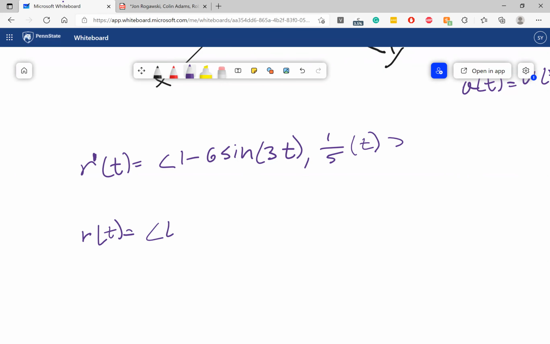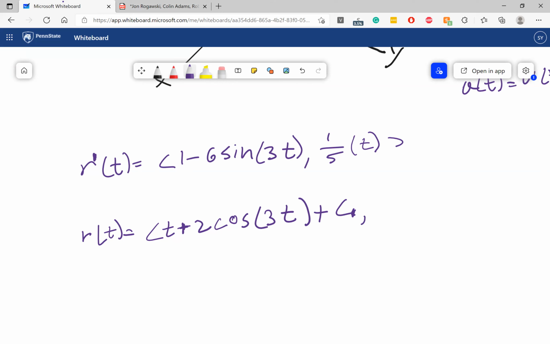It's going to be t minus, and then if we put a plus over here, we take cosine of 3t. So what happens when we take the derivative of this? The t becomes 1, and the cosine 3t becomes negative, and the 3 comes out and becomes 6, and we're left with what we have on top, and then plus some constant, c1, because constants would disappear.